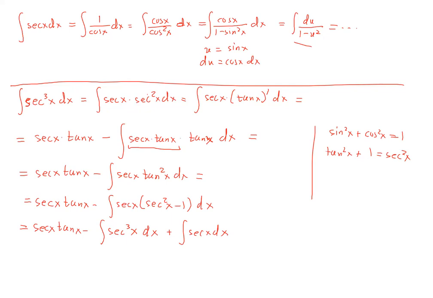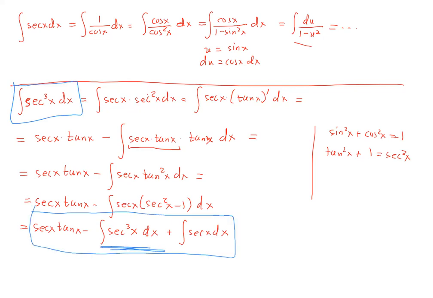So it's exactly the kind of situation where you have to realize that this is now equal to that, and this appears twice, so you can bring it over to the left, and this will give you 2 times the integral of secant to the third of x is actually equal to secant x times tangent x. And we already saw what this would be, ln of secant x plus tangent x plus c. And then all you need to do is divide by 2 and you're all set.